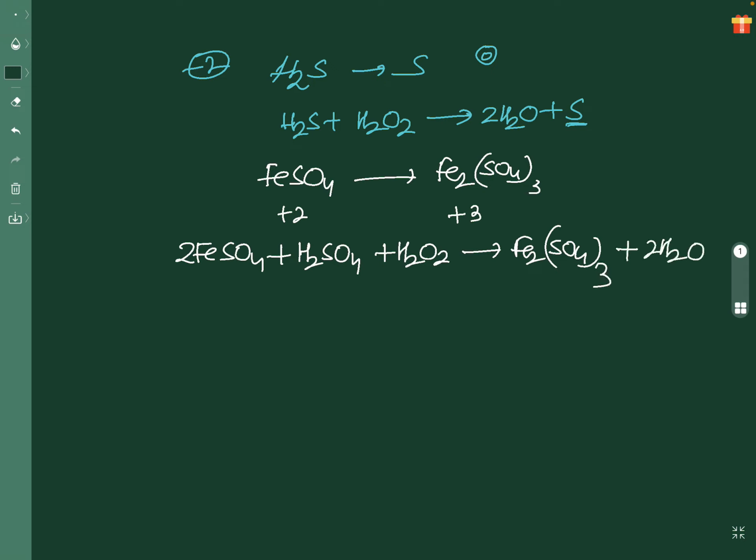It's balanced, you can check. Ferrous sulfate is oxidized to ferric sulfate. The oxidation state of iron changes from +2 to +3. An increase in oxidation state is oxidation. Then one more reaction we will take.